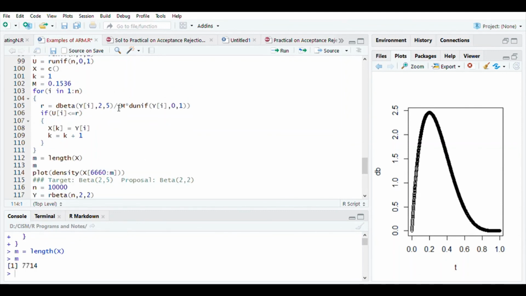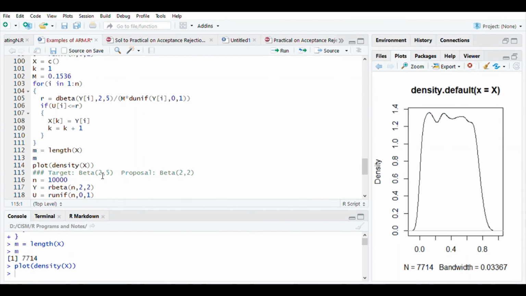So let us see how many values. Yes, even for beta(2,5), uniform seems to be working well. Oh no, not good, no?